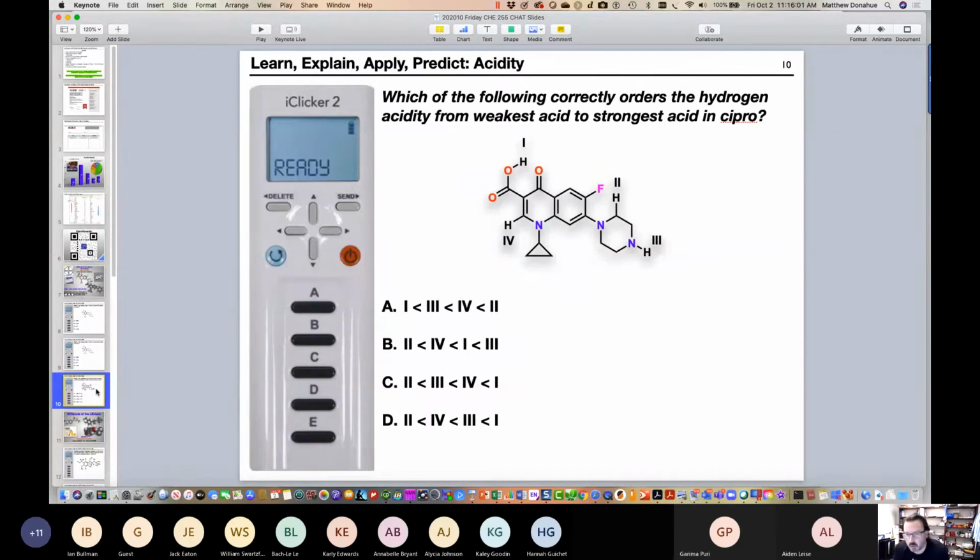So here's a typical problem that you would see in terms of ranking those hydrogens. There are 4 hydrogens, each identified with a Roman numeral, and it's asking you to rank the acidity from the weakest to the strongest.